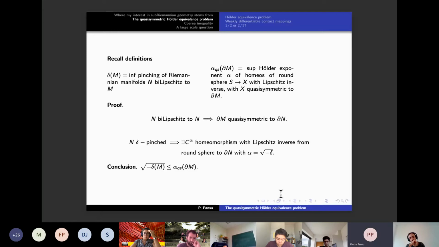And so this translates the search for the exact value, for instance, of the pinching exponent, the pinching number delta, into the search for an optimal Hölder exponent, maximal Hölder exponent alpha QS. Does it make the problem easier? Well, I'm not certain, but that's our strategy for a minute.